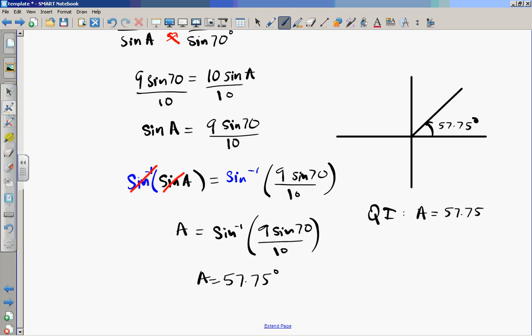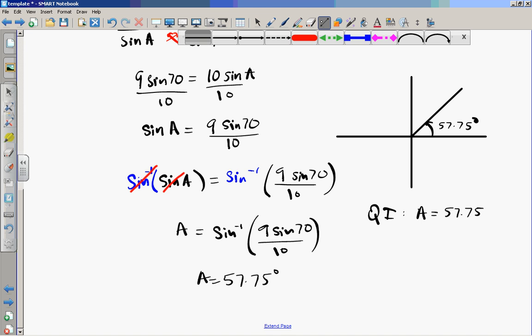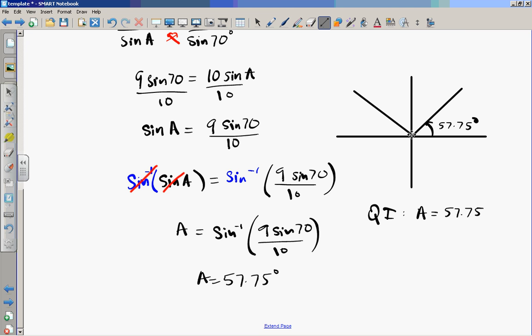But what if it is in quadrant 2? Because sine is positive in quadrant 2 also, right? So I'm going to extend it this way. But 57.75 in quadrant 2 is not the angle, it is the reference angle. So in this case, this right here is the 57.75. Alright? So for quadrant 2, angle A is going to be this angle right here, from here all the way to there. So what on earth is that?